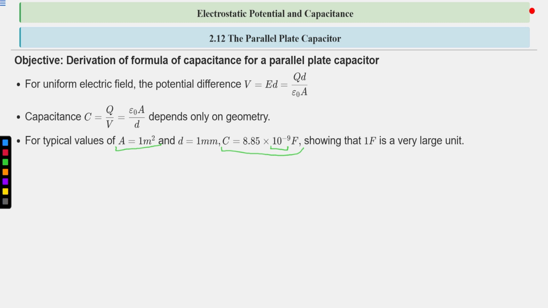So for 1 meter square of area of the plates and 1 mm separation, which is very small, capacitance is still 10 to the power minus 9 farad, showing that 1 farad is a very large unit. So we can't use 1 farad in practical applications.